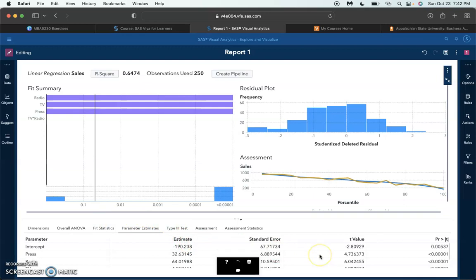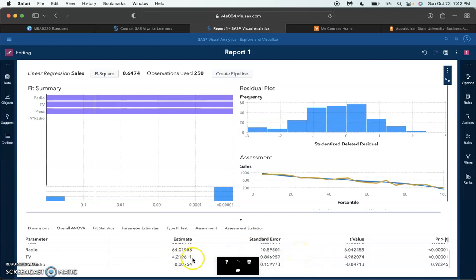The regression equation is going to be 4.22, which is found right here under TV, times the number of TVs plus 64.02 times the number of radios, and then plus 32.63 times the number of press, and then minus 0.01, which is right here, times the interaction effect, which was the TV and radio, and then you're going to subtract this intercept right here, 190.24, and basically the interaction effect is not really significant in terms of this data set.